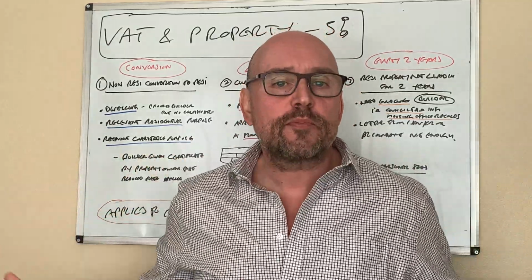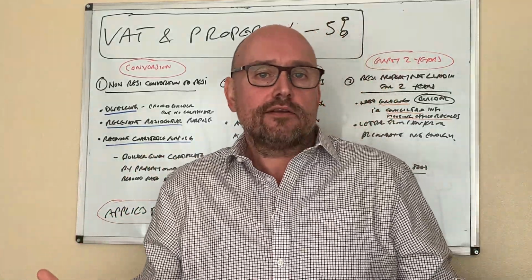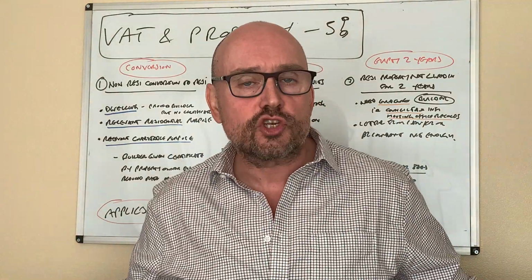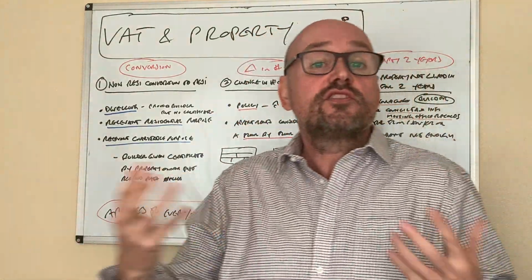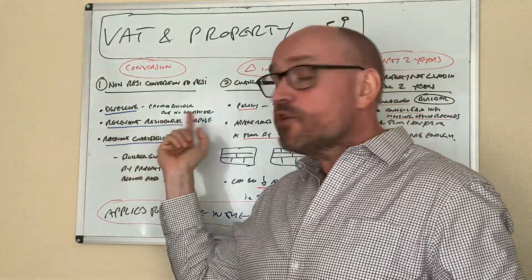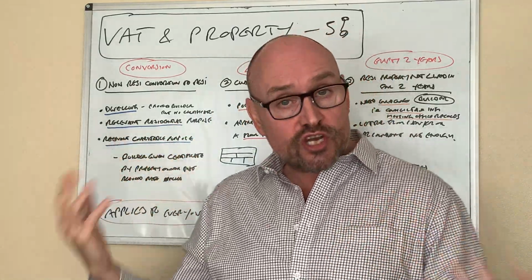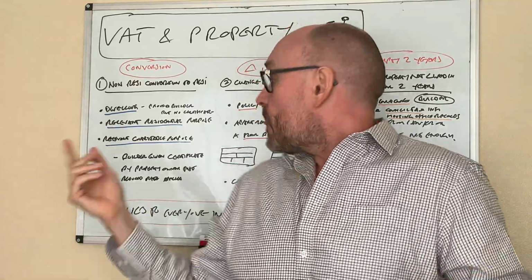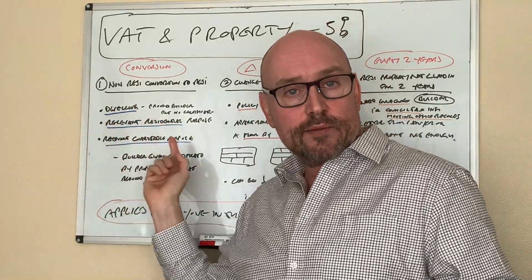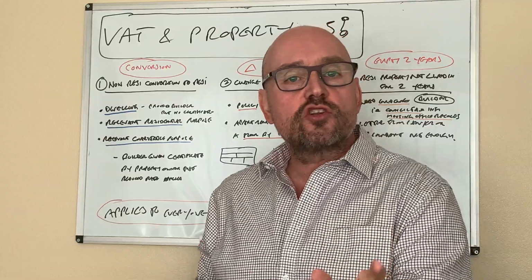It's typically where there's a lot of people living there, like students and the elderly. Hence, it's got this special term, relevant residential purpose. Also, relevant charitable purpose. So these two types are more than just a dwelling.